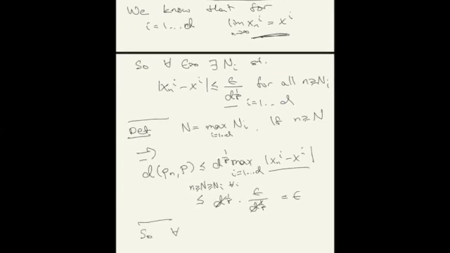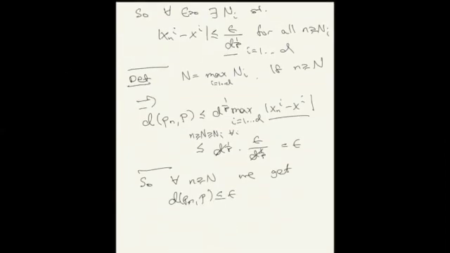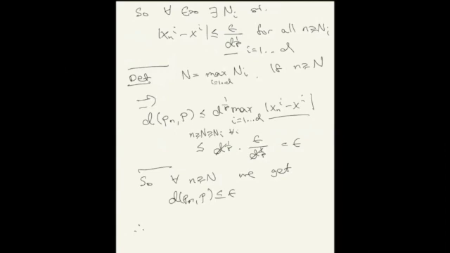So for all n bigger than or equal to N, we get the distance between p_n and p is less than or equal to epsilon. And this is the same thing as saying that the limit as n goes to infinity of the distance between p_n and p using the p metric is equal to 0, or the same thing as saying that p_n converges to p.